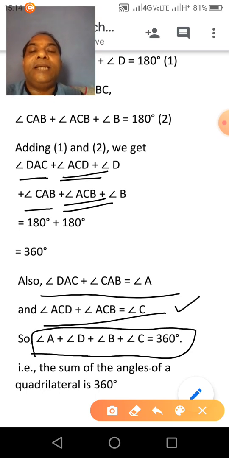So we can say that the sum of the angles of a quadrilateral is 360 degree.